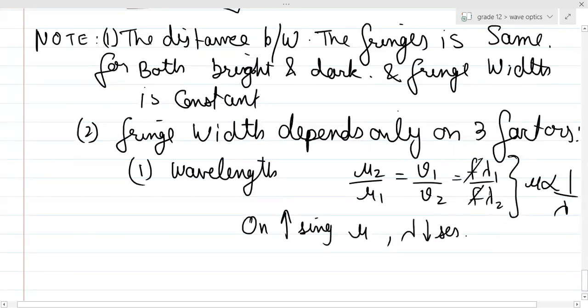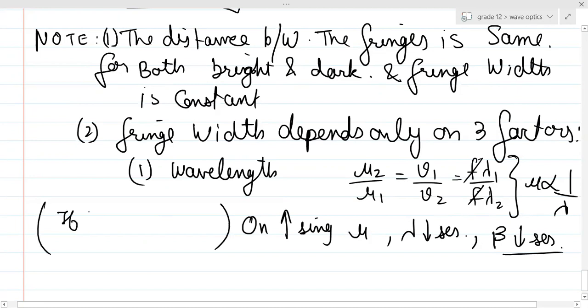So suppose the whole setup is repeated in water, then I have increased the refractive index of the medium. So lambda will decrease, and if lambda decreases, then beta also decreases. So fringe width will also decrease. Is it clear?